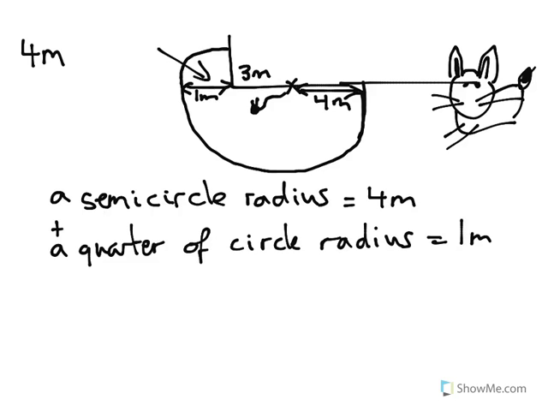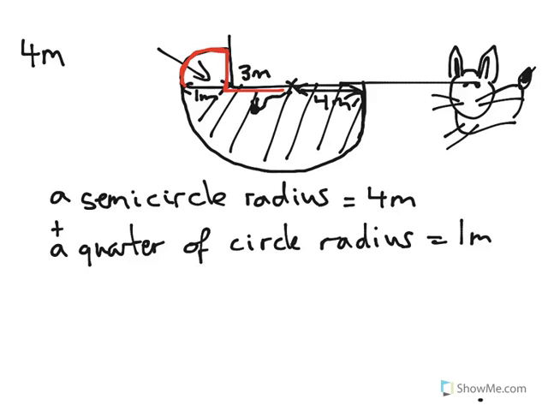So if we're going to work out the total area that the rabbit can eat, it can first eat here, where we've got our 4-meter semicircle. Then there's an extra meter of string on the corner that it can actually go around the corner here, from here, around the corner there, with an extra meter there.